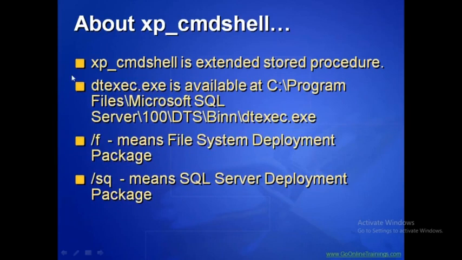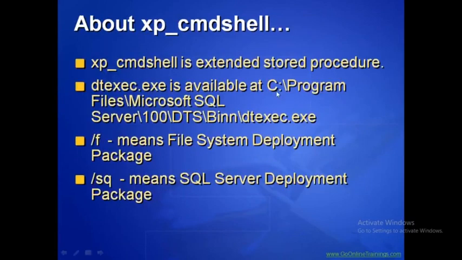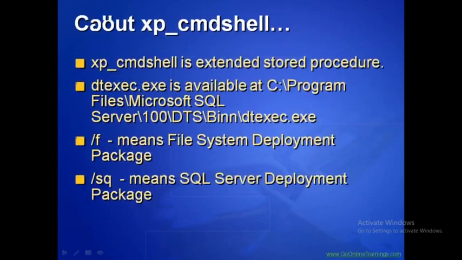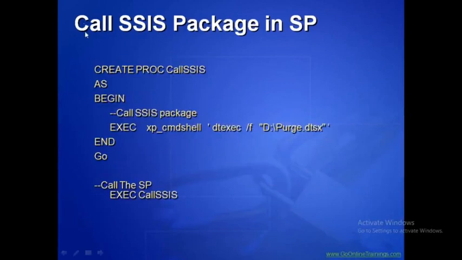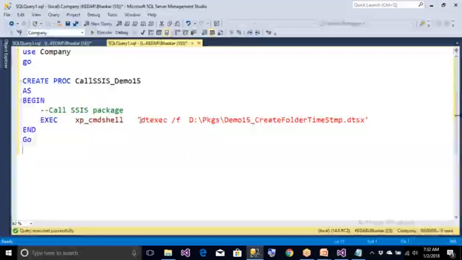Clear? So why are we using xp_cmdshell, which is an extended stored procedure? Because this DTExec is available in this path. Where is this path? This. But where are you currently? You are in SQL Server, right? When you execute this command, you're creating the stored proc and you're in the SQL Server. But this application is available in the C drive.